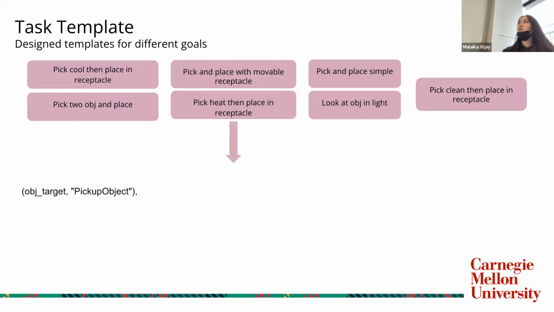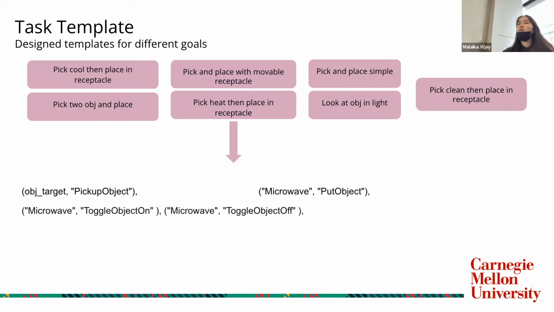So what we need to do to successfully complete the instruction is to pick up the apple, which is the object target here, and then put the apple in the microwave, toggle on and off the microwave, pick up the apple from the microwave, and put the apple on the counter, which is the parent target here.